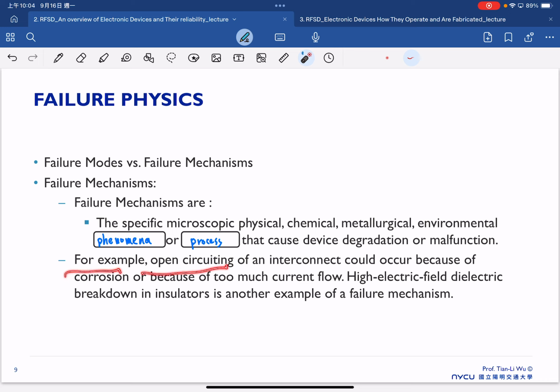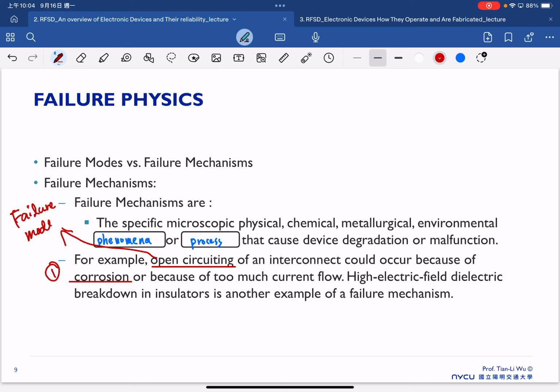For example, the open circuit. So open circuit is a failure mode. This is a failure mode of the interconnection, and it could occur because of several possible reasons. One is the corrosion.